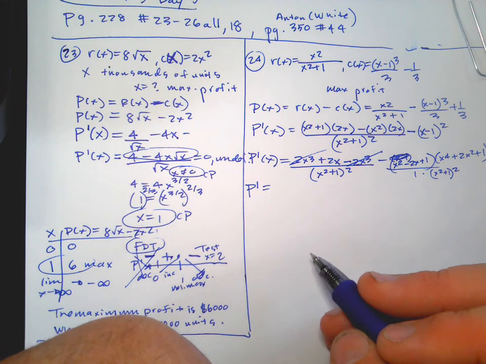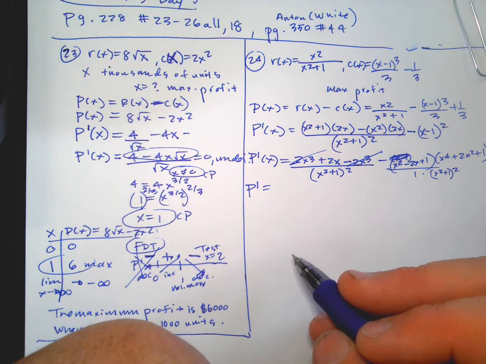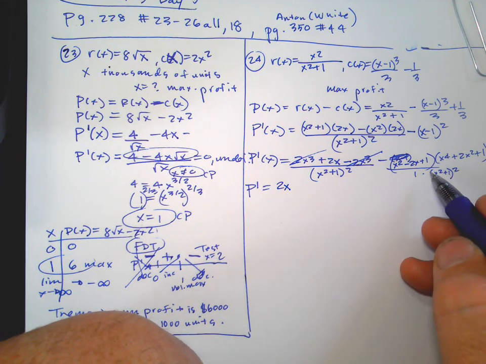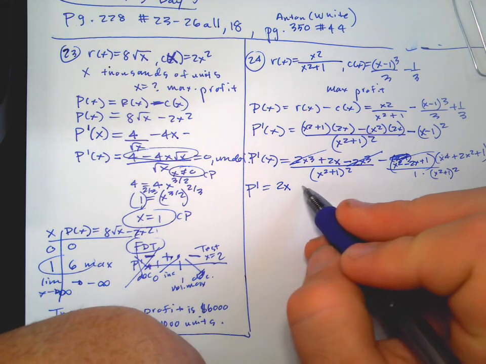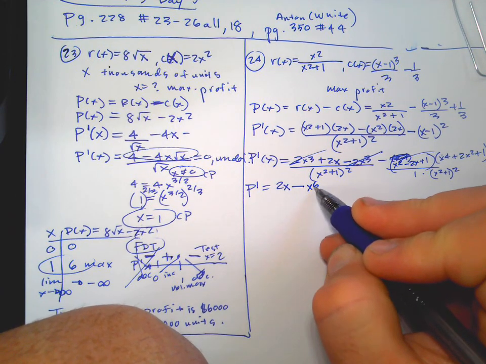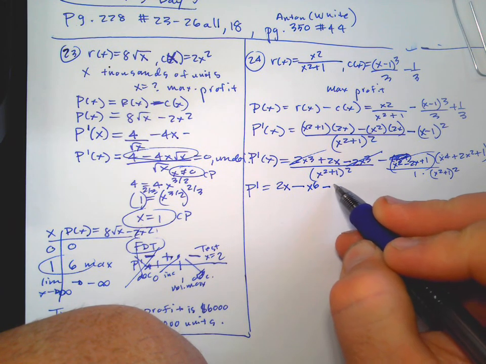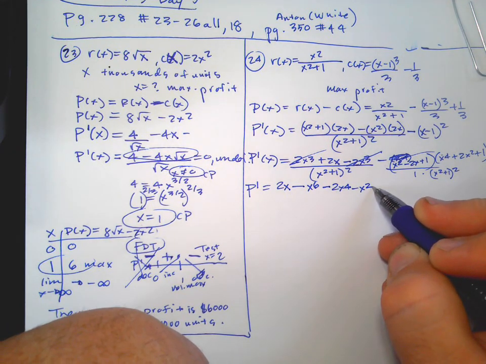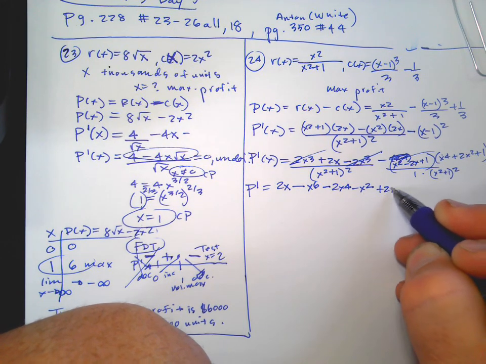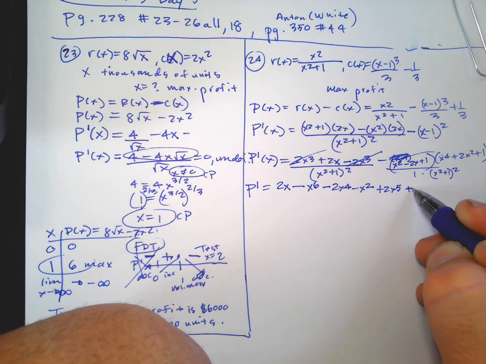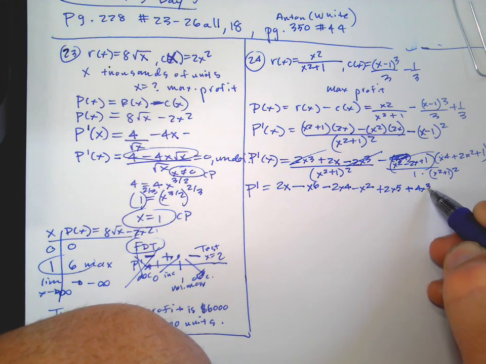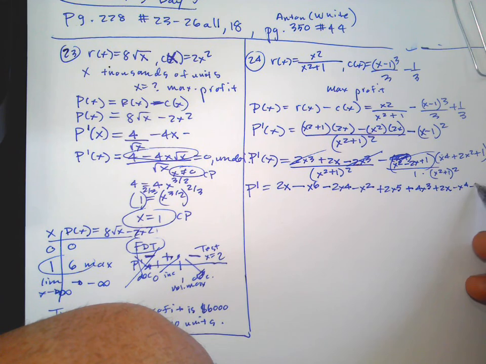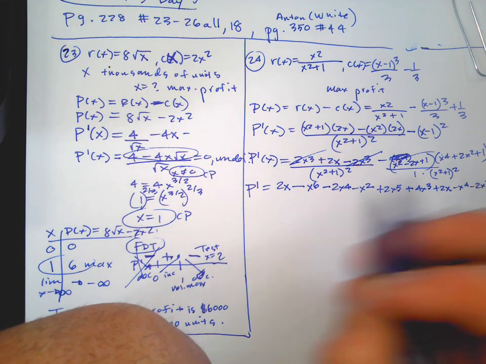So what are we going to get? 2x, positive 2x, minus x to the sixth, minus 2x to the fourth, minus x squared, plus 2x to the fifth, plus 4x cubed, plus 2x, minus x to the fourth, minus 2x squared, minus 1. Oh my gosh.